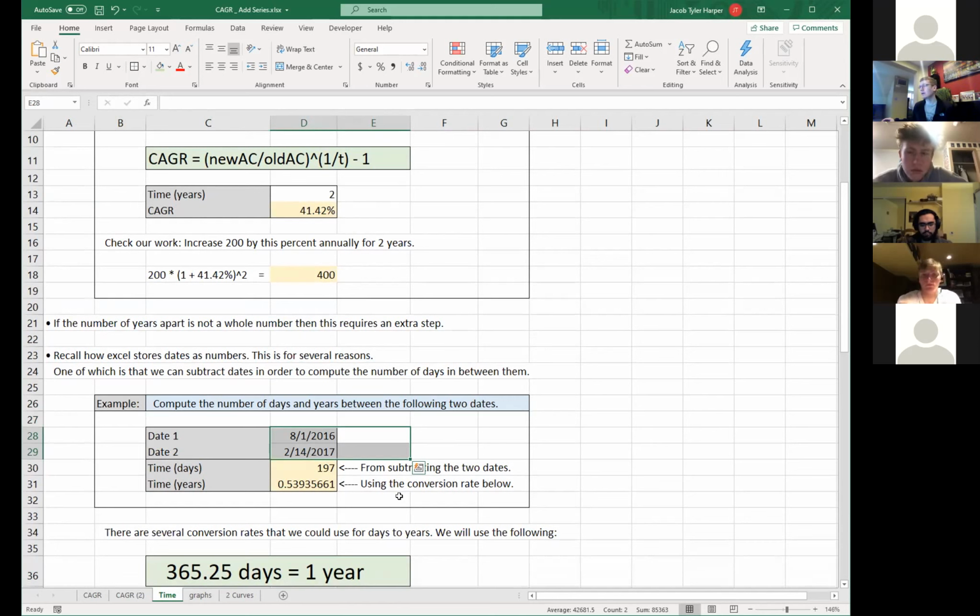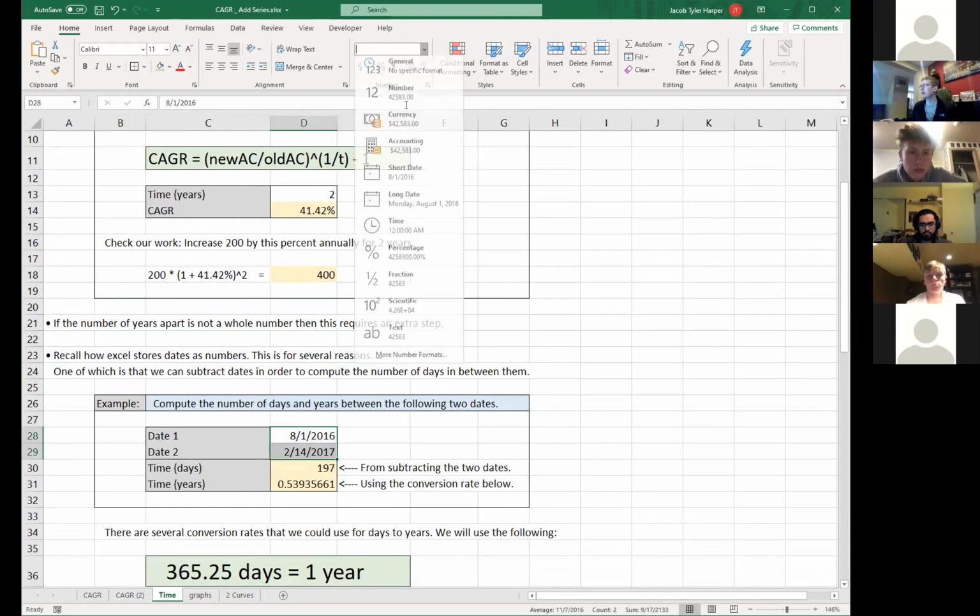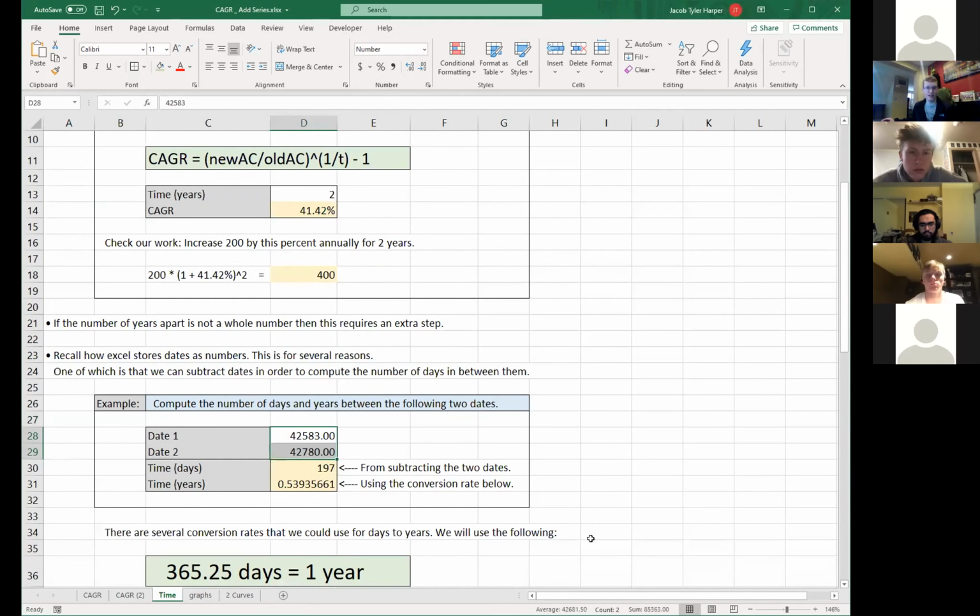And the way we're going to do this is use the fact that Excel stores dates as numbers. Remember how sometimes these dates look like that? Well, one of the reasons is because they're just numbers, you can do arithmetic on them. So check out this cell right here where I'm computing days. If you literally just subtract dates, it will tell you the number of days in between. Okay, that's good, but I still want years.